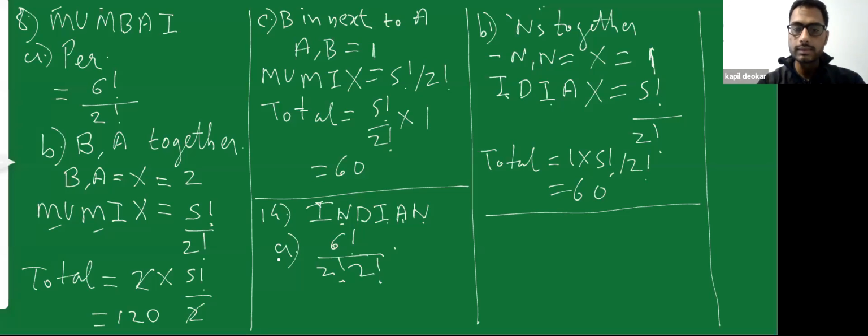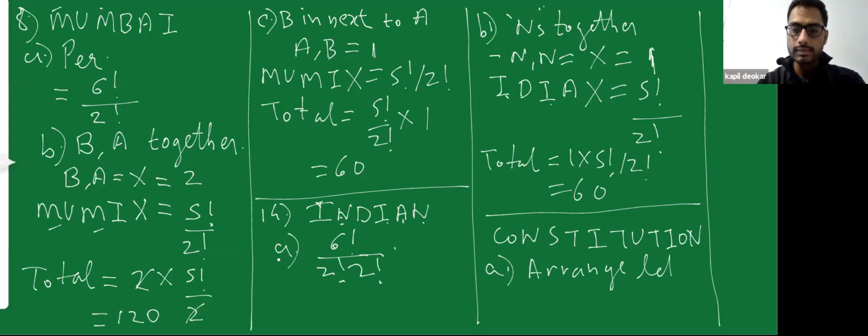Now I want you to copy this and solve for this word, constitution. My first question for this word constitution is, in how many ways can you arrange the letters of this word when no criteria is given to you? Second, in how many ways can you arrange the letters when you want your vowels to be together?